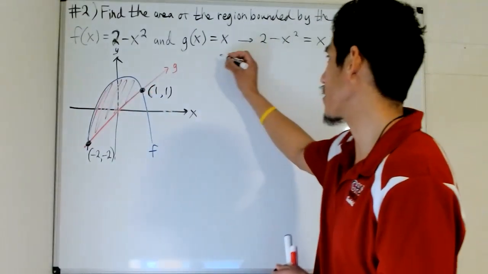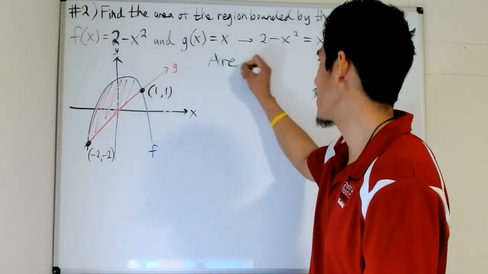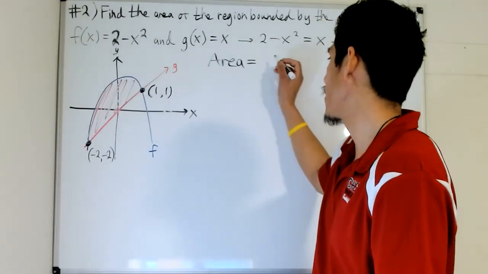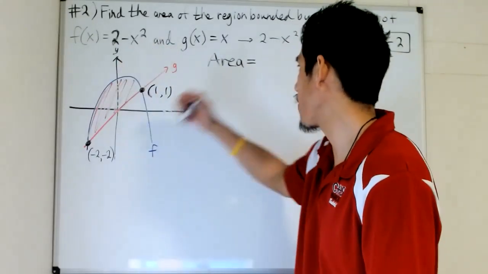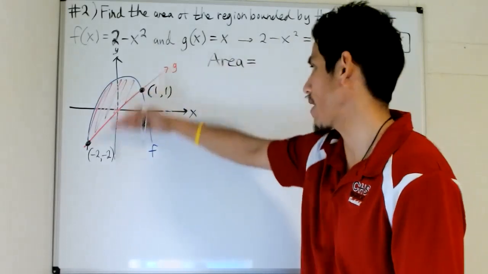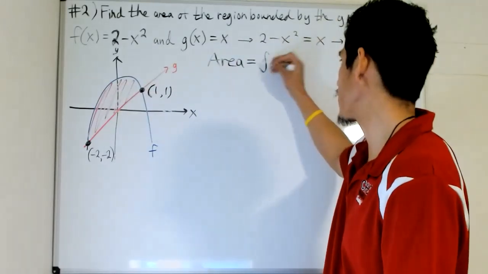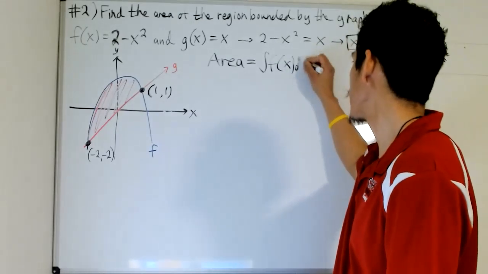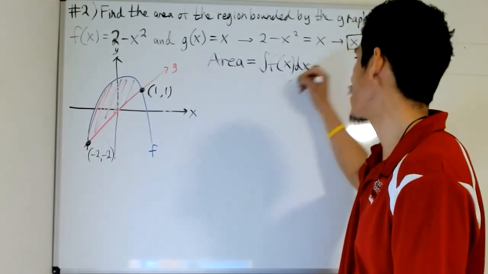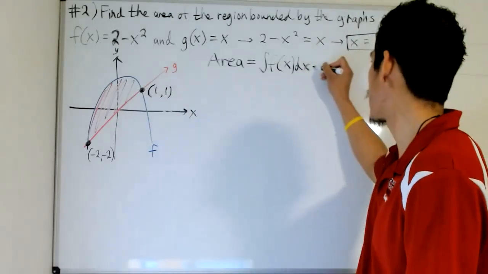So to find that area, you want to make sure you set up the correct integral. The area of this region will be the top function f. So the area below f, which will be the integral of f of x dx, minus the area below g.